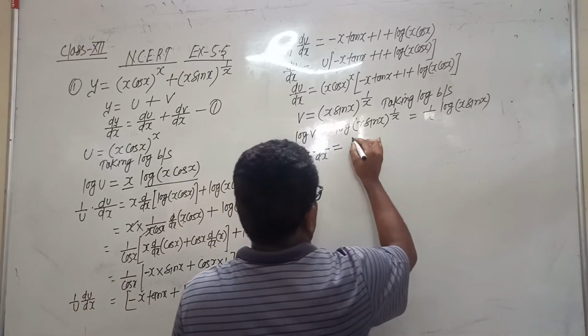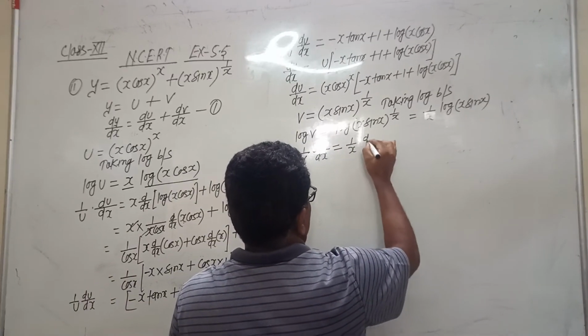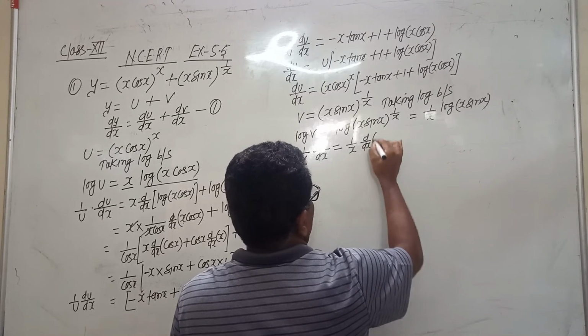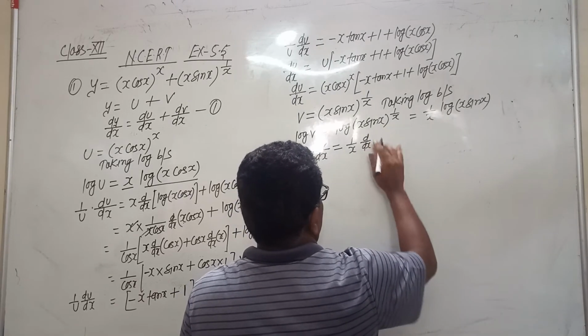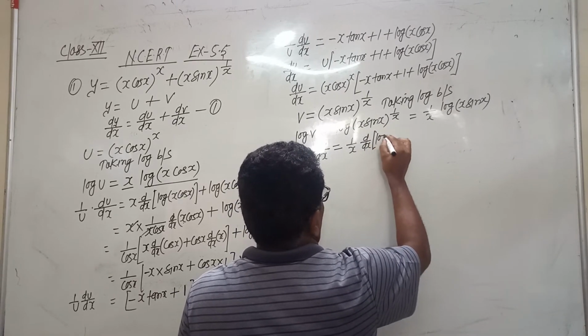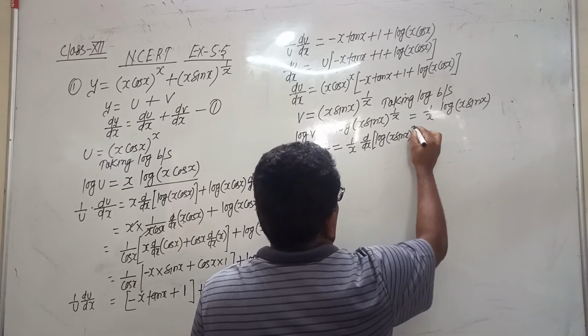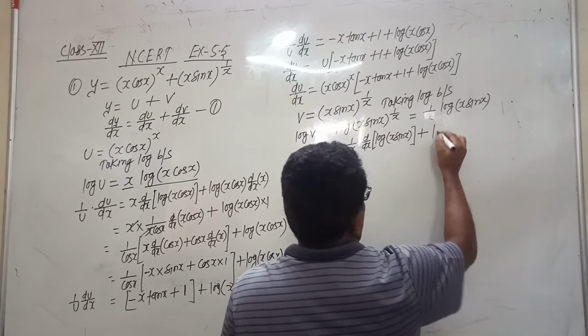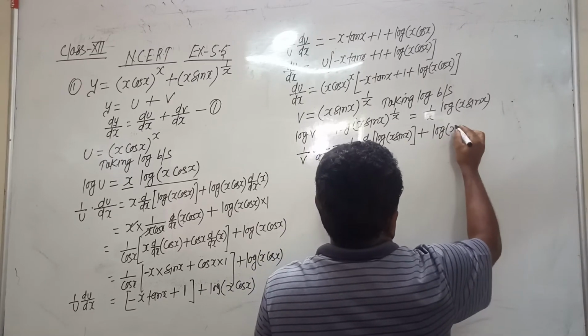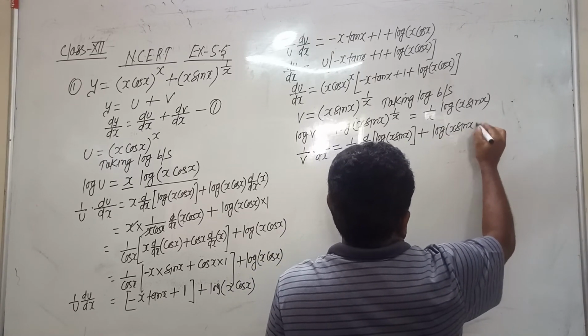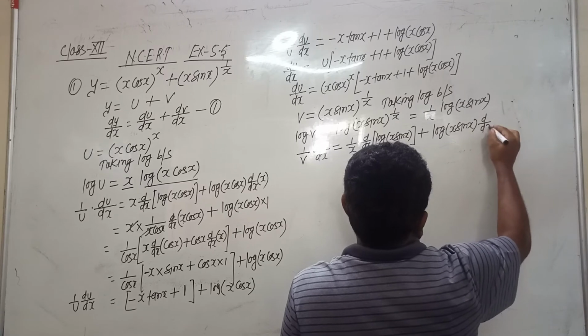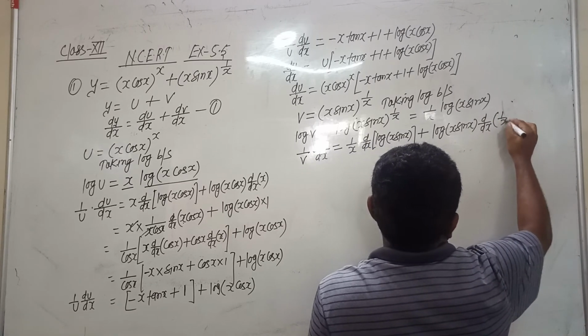So u as it is, and d by dx of v means d by dx of log x sin x, plus v as it is, log x sin x as it is, and d by dx of u means d by dx of 1 by x.